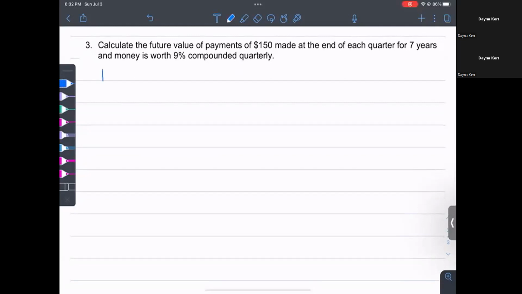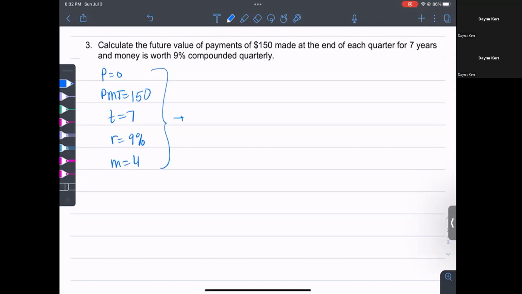So this is starting with a principal of 0, where whatever account you're putting it in doesn't have any money, has a payment of $150 over a time of 7 years at a rate of 9%, compounded quarterly, so M is 4.